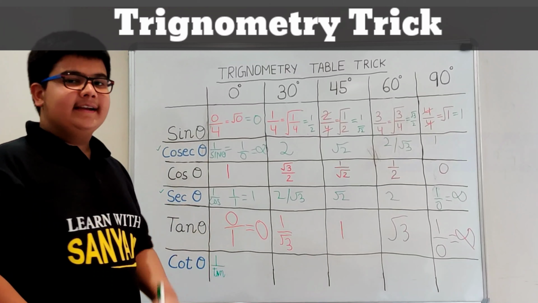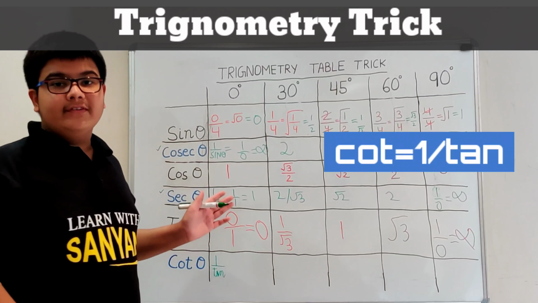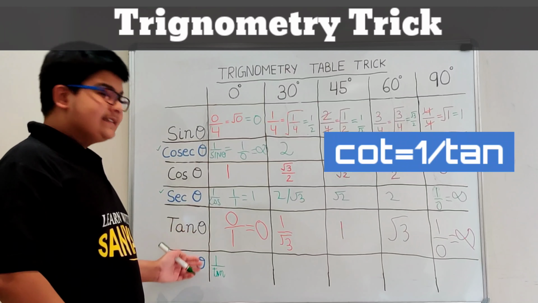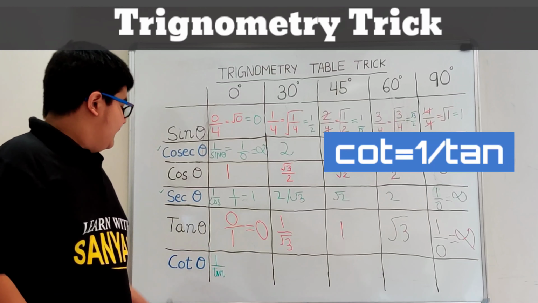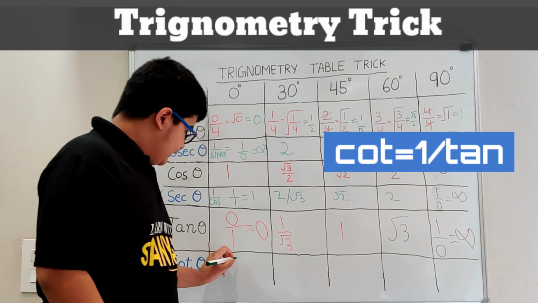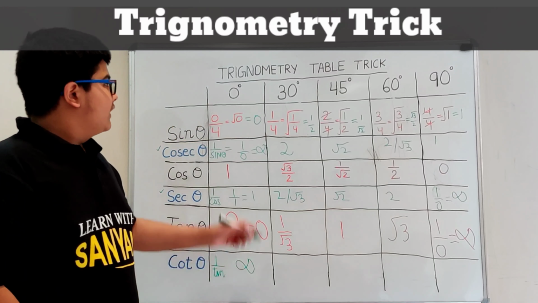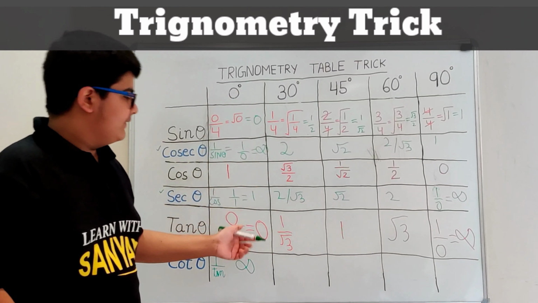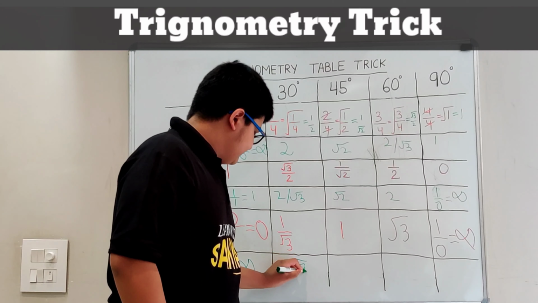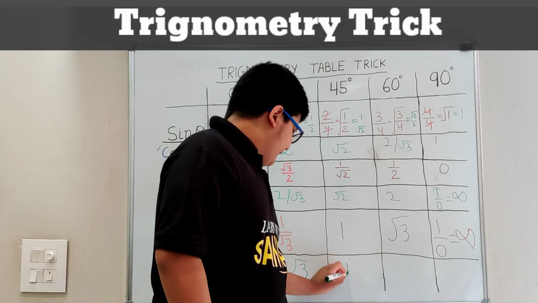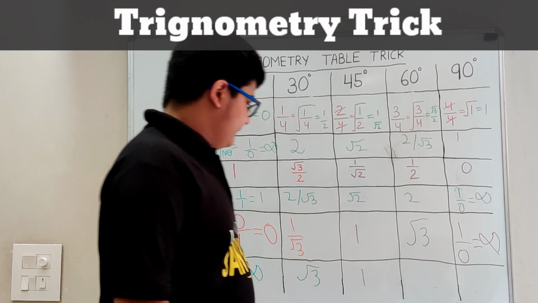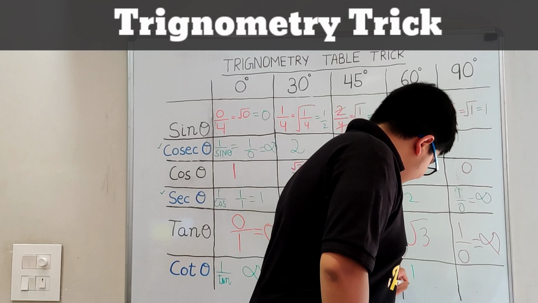And for cot theta, we take the reciprocal of tan theta. So cot theta is equal to 1 by tan theta. So cot 0 will be 1 by 0, which is not defined. Cot 30 degree will be root 3. Cot 45 will be 1. Cot 60 will be 1 by root 3.